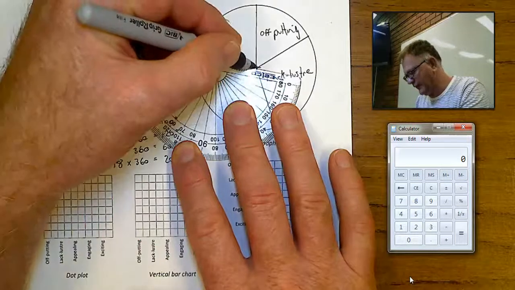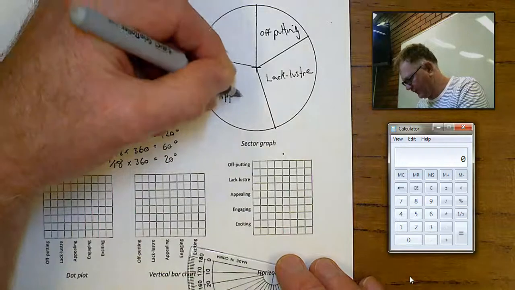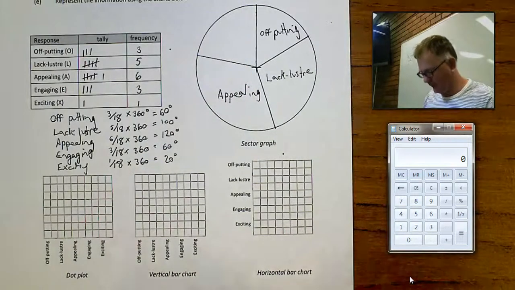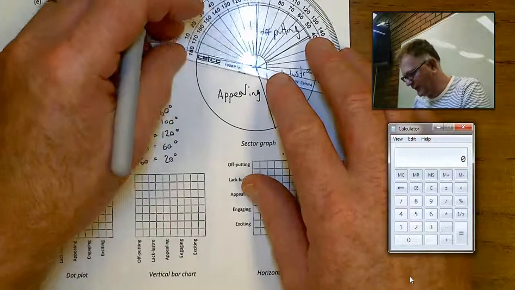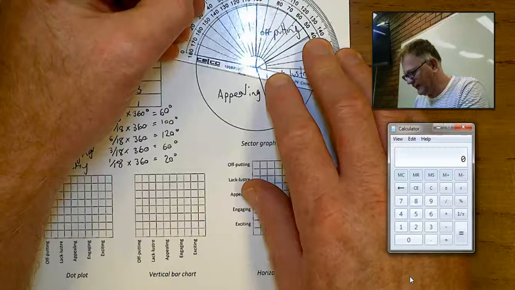I'll start at the edge of the circle. 60 degrees for engaging, centre on the centre, mark around to 60 degrees.